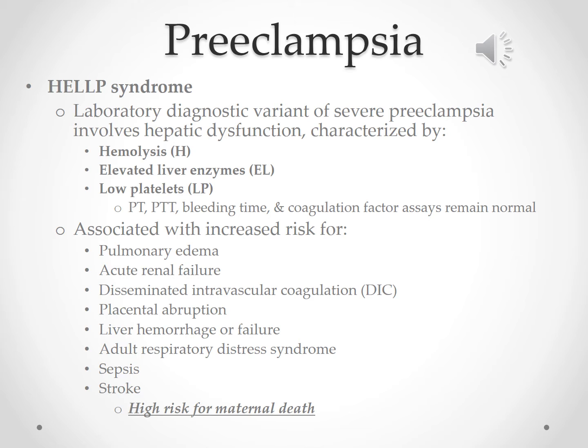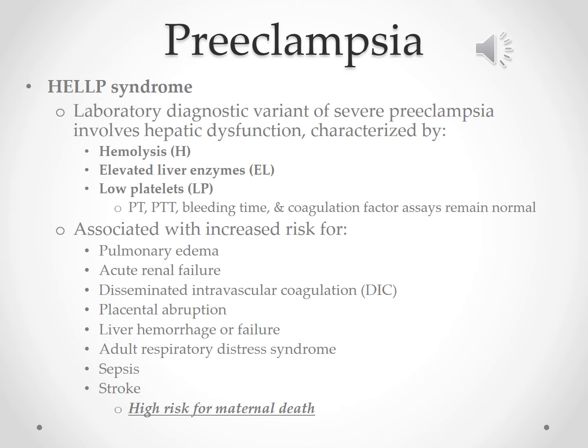It's interesting when you think about the platelets, because with HELLP syndrome the platelet count is going to be low, but your prothrombin time, your partial thromboplastin, so PT, PTT, and your bleeding times remain normal. And while classically you see the hemolysis, it doesn't always occur, so this may be referred to as a partial HELLP syndrome.